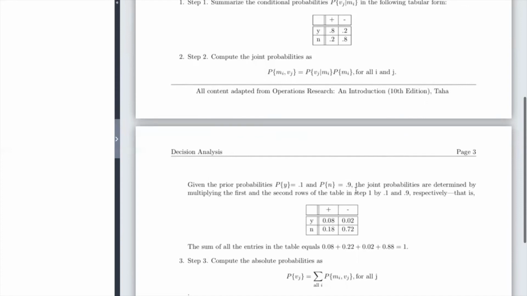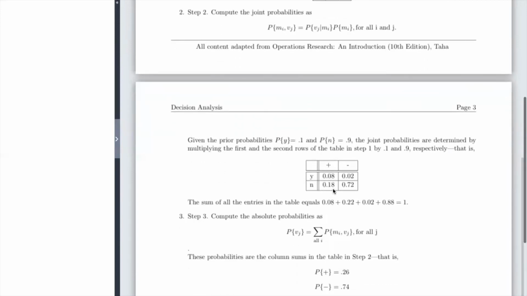So we are just multiplying each row by the respective probabilities. So for yes, right here, we're going to multiply by 0.1. For no, we're going to multiply this row by 0.9, and we will have our new table. So these probabilities all need to sum up to 1, which I have shown over here.